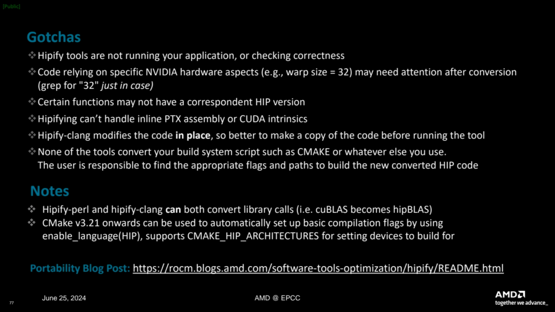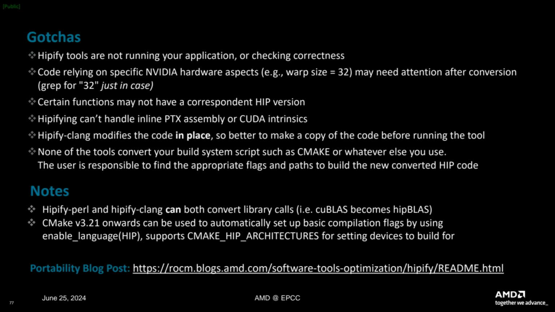Something to be aware of when going through the process of HIPifying is that HIPify tools don't actually check the correctness of what you have HIPified. Also, you have to be on the lookout for hard-coded warp sizes of 32, because, as we said, wavefronts for AMD have a 64 thread size.